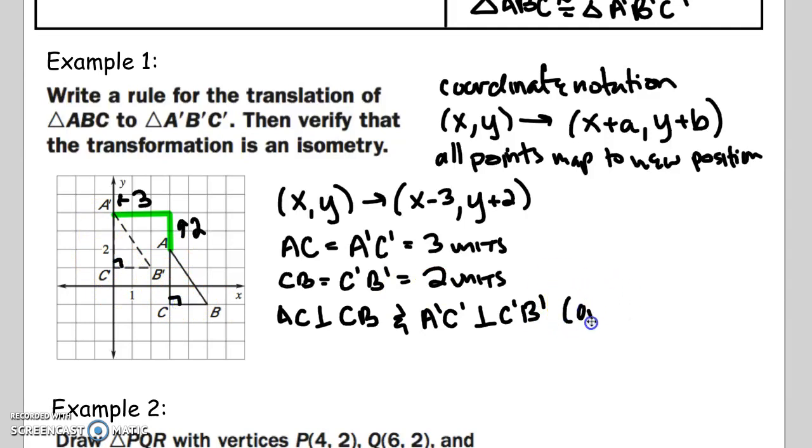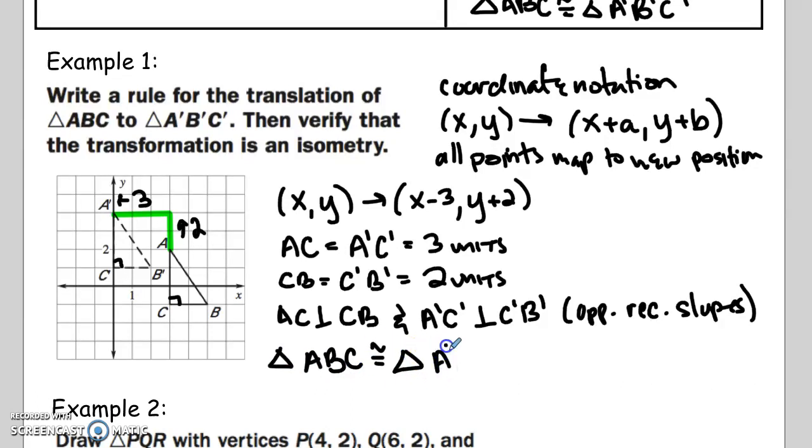So by opposite reciprocal slopes, yes, this is definitely an isometry that has happened here, because triangle ABC is congruent to triangle A prime B prime C prime by SAS.